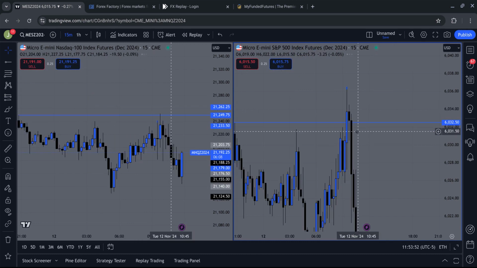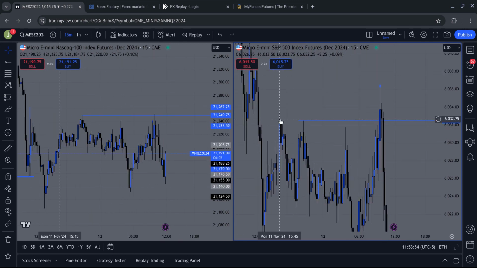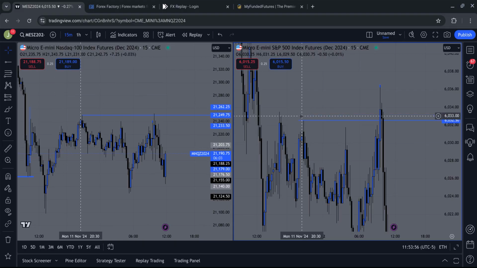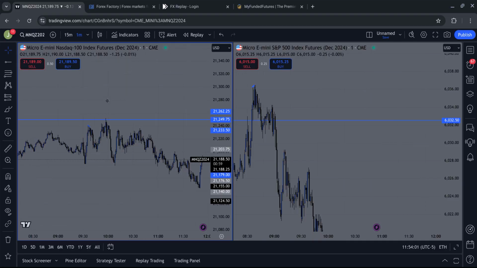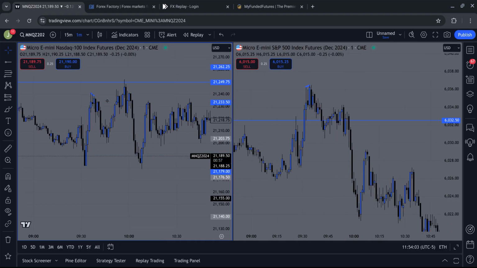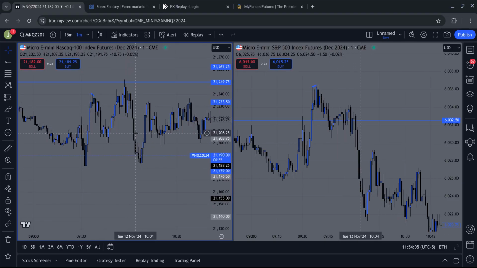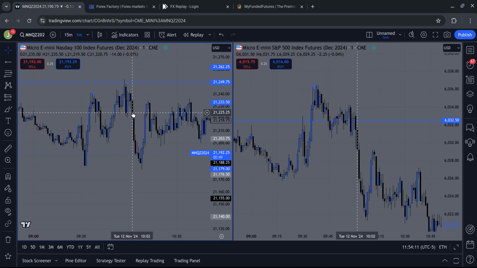Drop down to the 15-minute. ES took out this Asia high as well, canceling out the SMT. Price ended up reversing after that. If you look, we had crazy displacement and then a retrace. A potential entry could have been this fair value gap, or this small fair value gap right here, or even this order block.